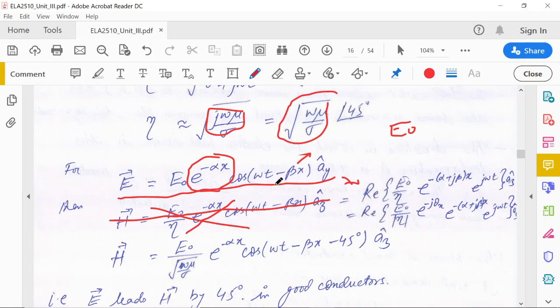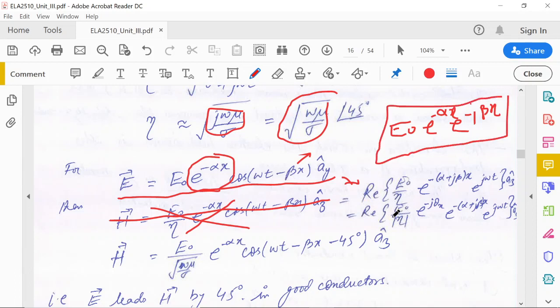The phasor form will be e to the power minus alpha x and e to the power minus j beta x. This will be the phasor form of this one. Then you find the phasor form of H. So how to find the phasor form of H?